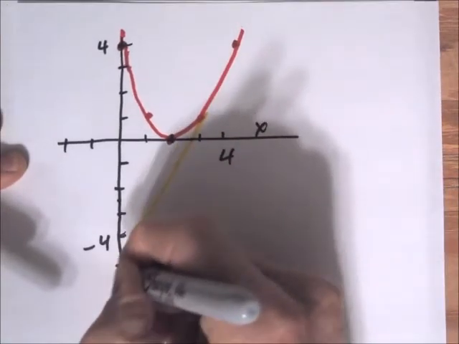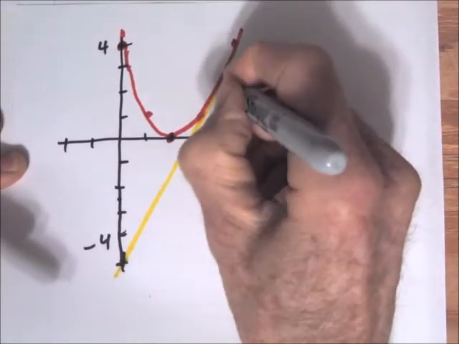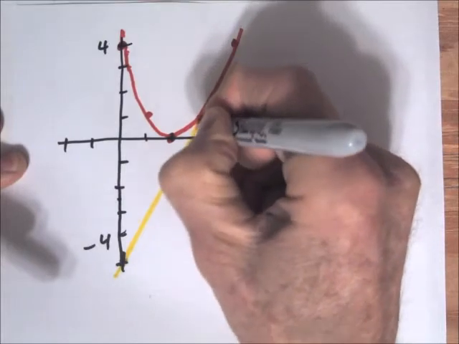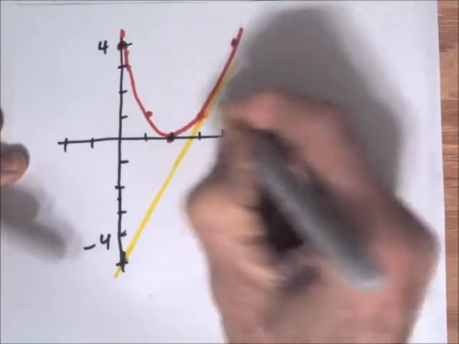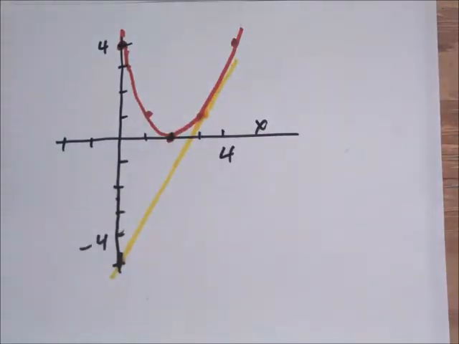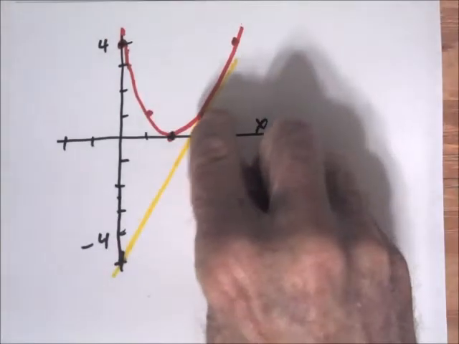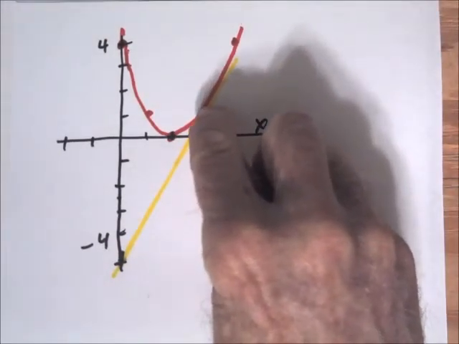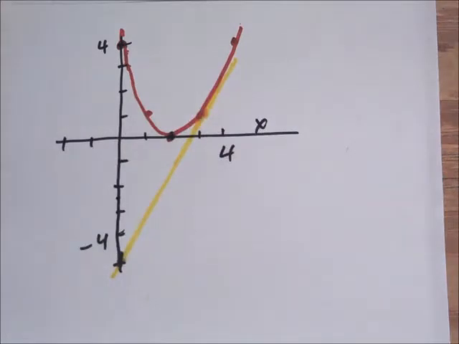The line is going to be something like this. So this is our tangent line at 3. When x is close to 3, the line is actually pretty close to the parabola. As x gets further from 3, the line is not so close.